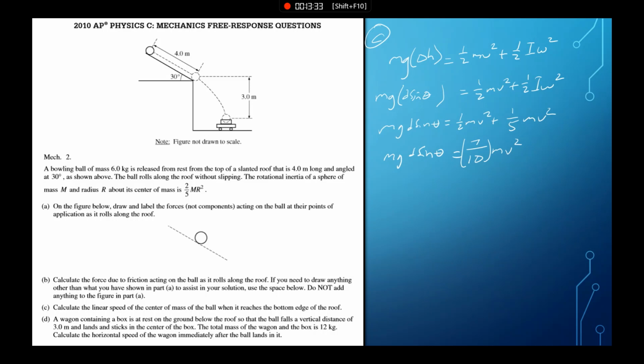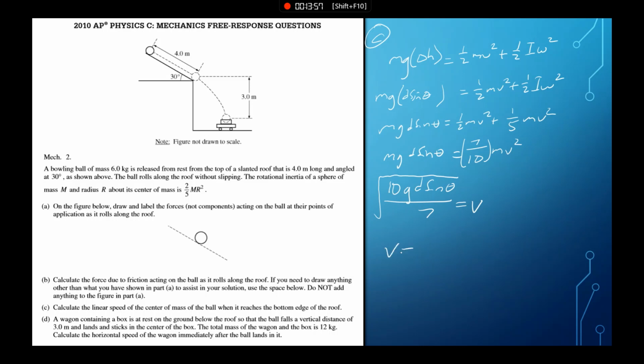Okay, let me solve for v. So we cancel out m first and multiply by 10 divided by 7, so that's going to be 10g d sine over 7 and square root. Okay, cool. And now we can plug in.